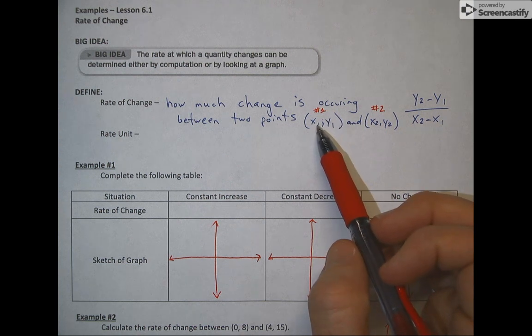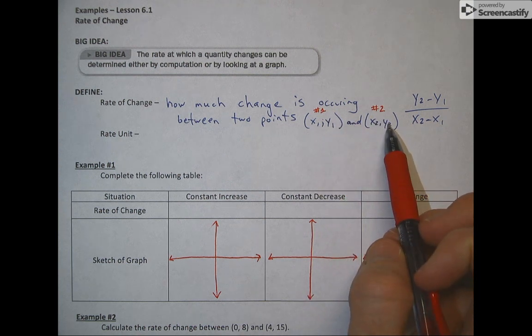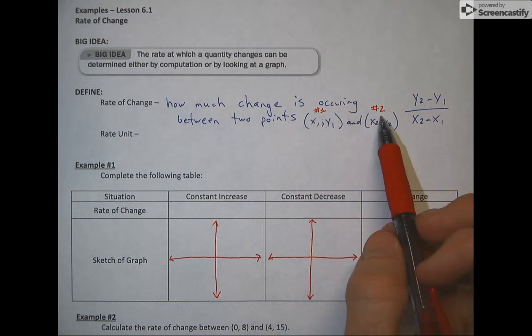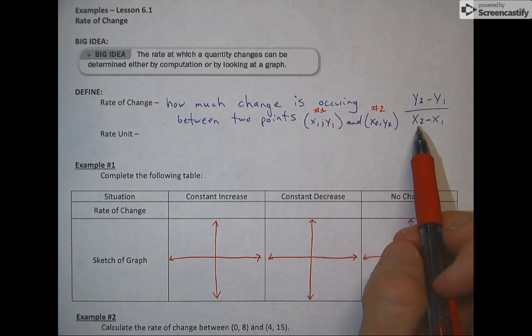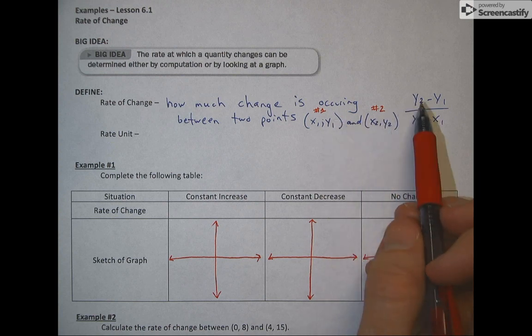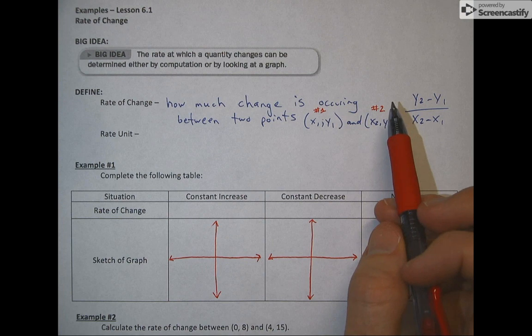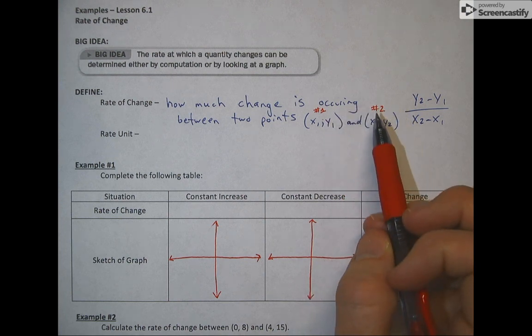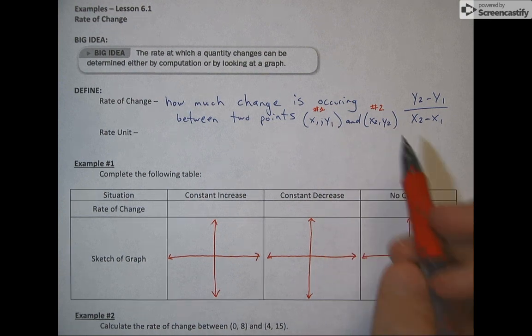So if you were to go y1 minus y2 on the top, then you have to do x1 minus x2. So you need to go the same direction. You can't flip it, but you don't have to try and figure out, well, which one's point 2 because I need to start with that. That doesn't matter. Just be consistent. I'm going to subtract this point minus this for the y's, and then I'm going to match it and subtract this point minus this for the x, or vice versa.